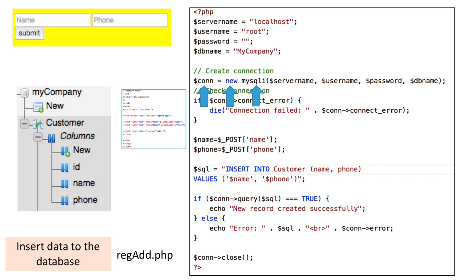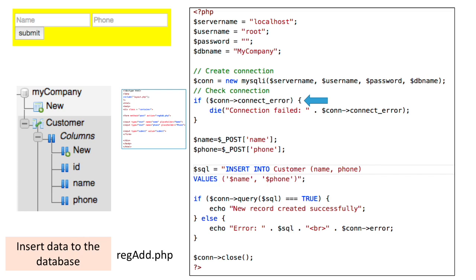When you create a connection to anything, the first thing you need to do is test that connectivity. Is it working or not? Is there an error generated or not? So this line will check for errors. Sometimes the server address is wrong, the username may be wrong, the password may be wrong, or you're connecting to the wrong database.